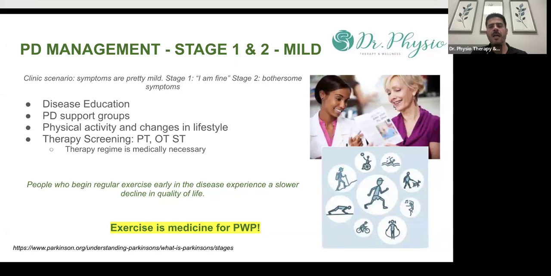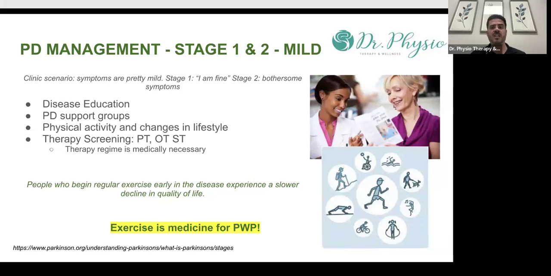Okay. Why? Because we know people who begin regular exercise in the early stage experience a lower decline in quality of life. And that's what we want. If we have the power to hold the progression of the disease in our hands, if we may, it starts with that. So the dopamine in your system will make the movements a little bit more taxing overall throughout the years.